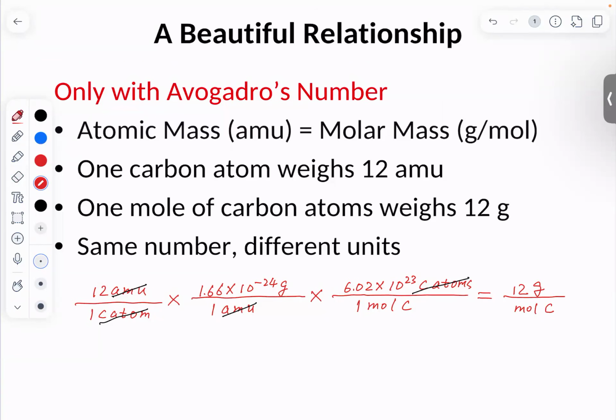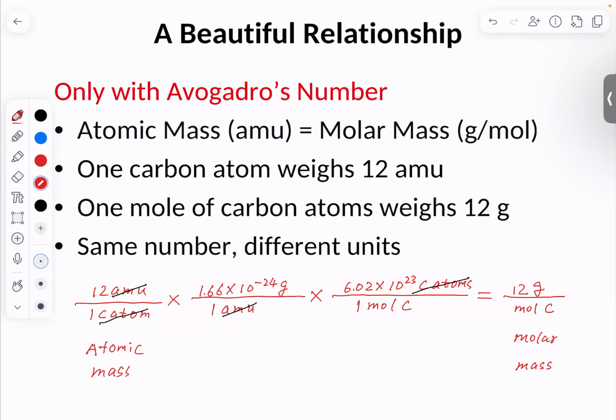Here, we converted the atomic mass to molar mass. For carbon, we can see the atomic mass and the molar mass have the same number, 12, but different units.